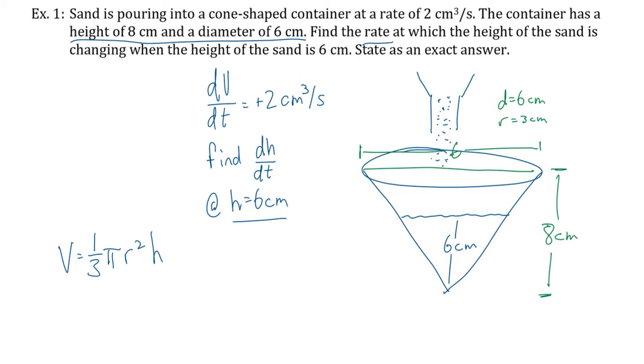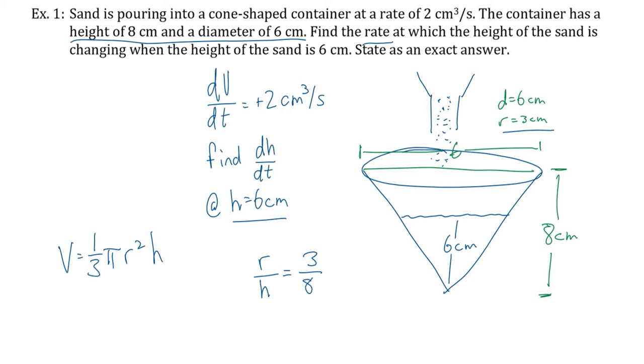So that's what we have to know, which means radius over height, no matter how full of sand it is, will always be 3 over 8. So remember, I'm using radius, which was 3, not the diameter 6, because that's what my equation has, radius, so that's what I want to use.